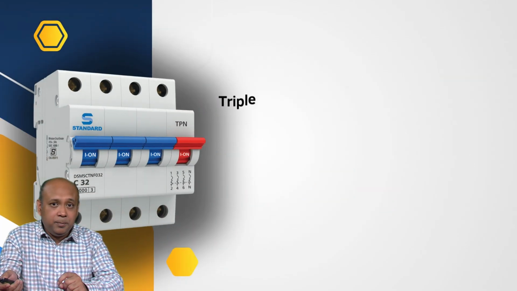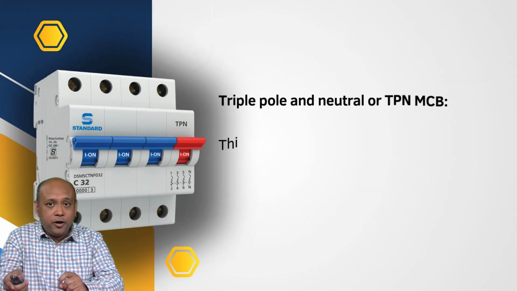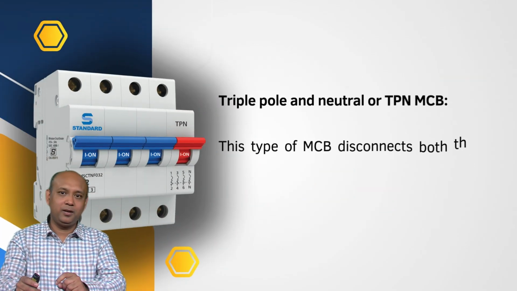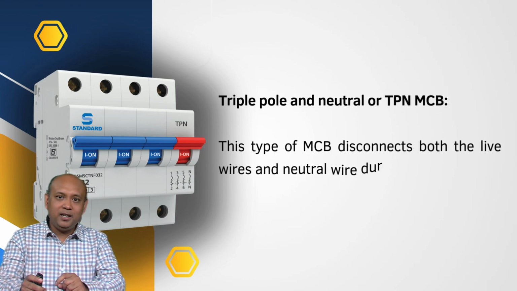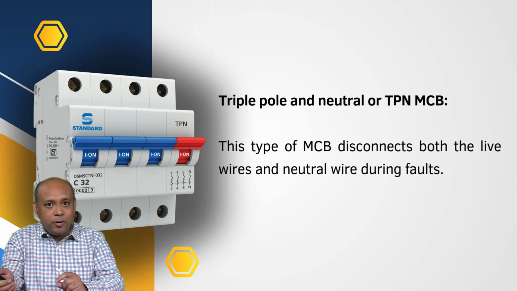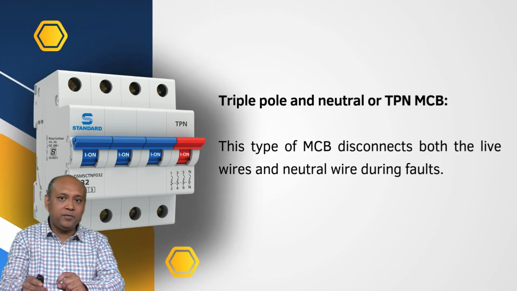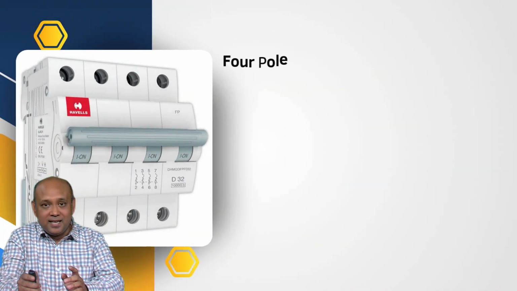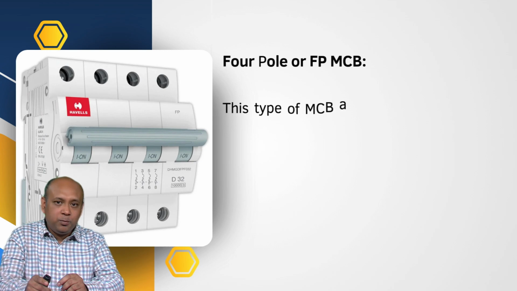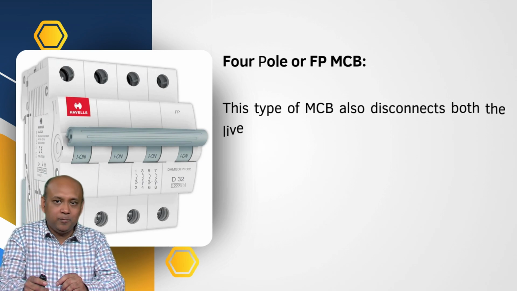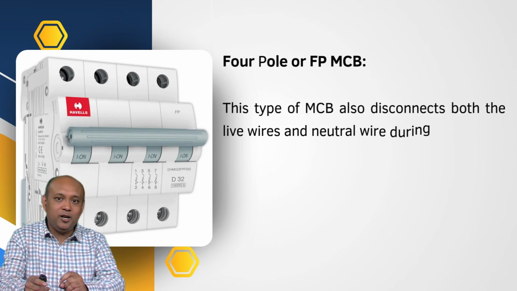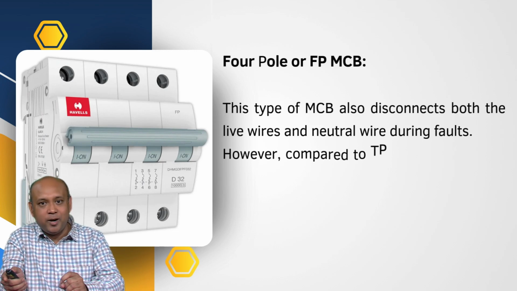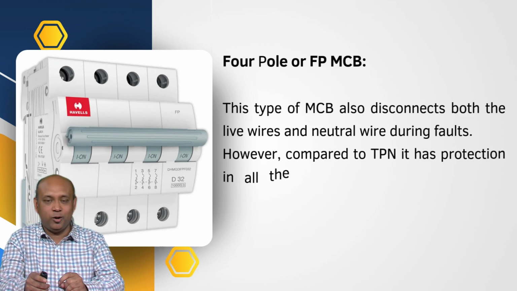Next is the triple pole and neutral or TPN MCB. This type of MCB disconnects both the live wires and neutral wire during faults. Lastly, we have the 4-pole or FP MCB. This type of MCB also disconnects both the live wires and neutral wire during faults.